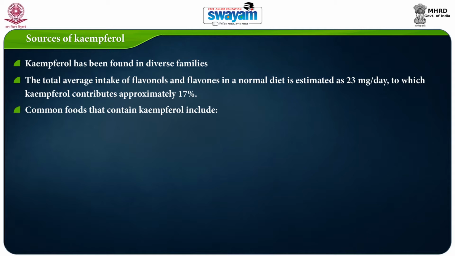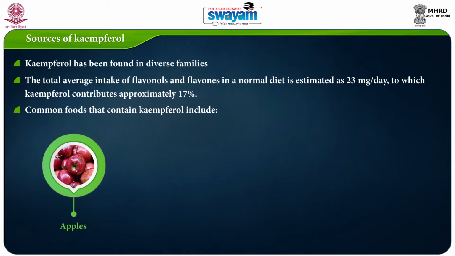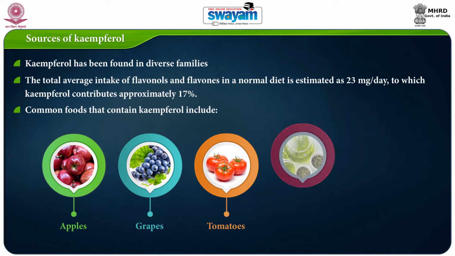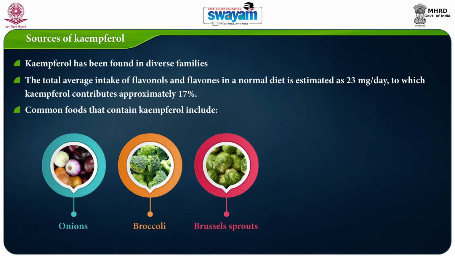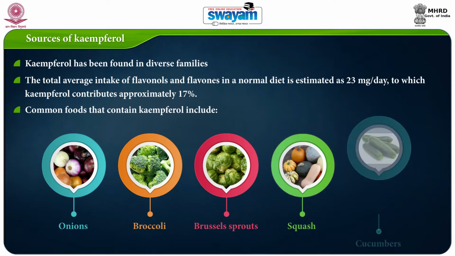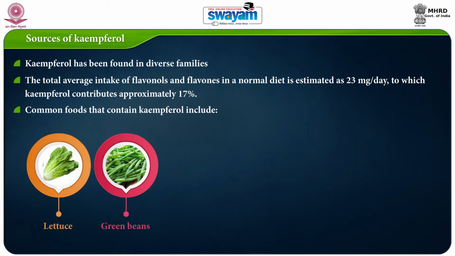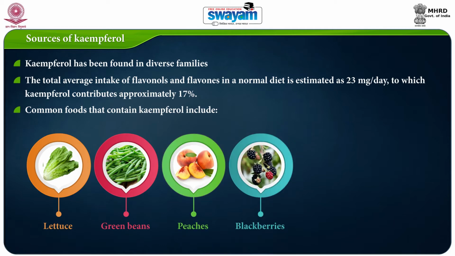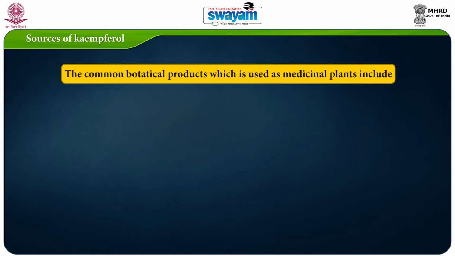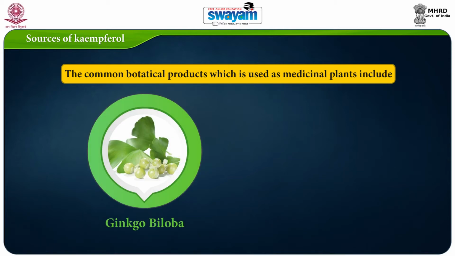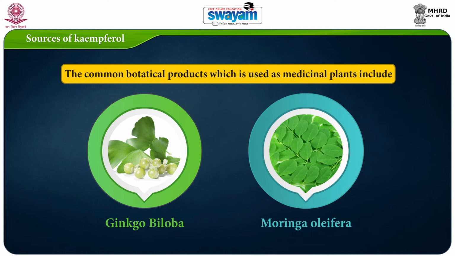Common foods that contain kaempferol include apple, grapes, tomato, green tea, potato, onion, broccoli, Brussels sprouts, squash, cucumber, lettuce, green beans, peach, blackberries, raspberry and spinach. Common botanical products used as medicinal plants, including ginkgo biloba and Moringa oleifera, also contain kaempferol.